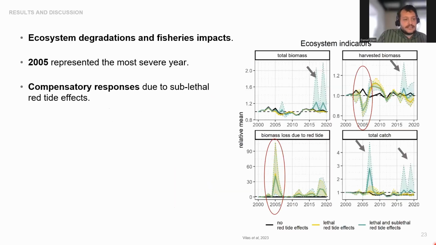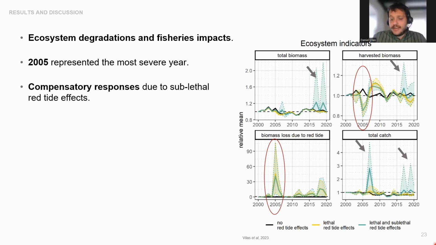And moving to the ecosystem indicators, the ecosystem indicators reflect degradation and fisheries impacts in the region. We have these 4 indicator plots that represent the lines. The black line represents no red tide effects, so Ecospace without red tide effects.